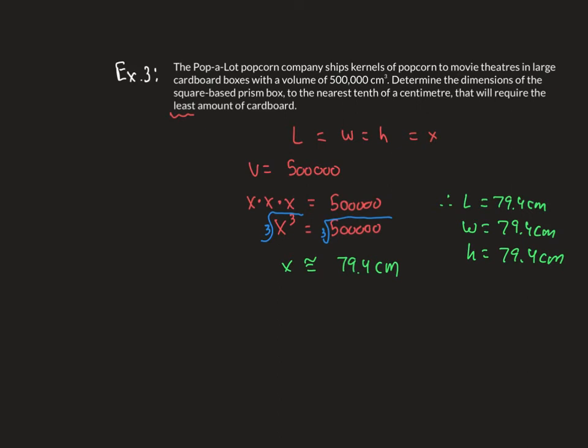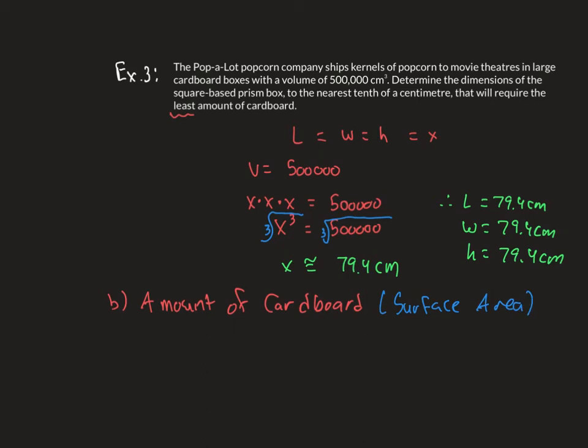Now, if you want to find out the exact amount that you're going to use, so let's say in part B, they want to know the amount of cardboard. Whenever you see them asking for the amount of cardboard, that basically is them telling you with big bright letters that they are looking for surface area.